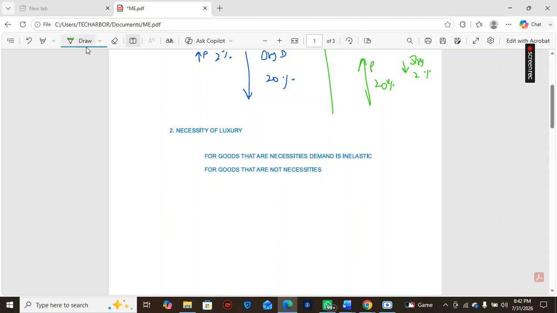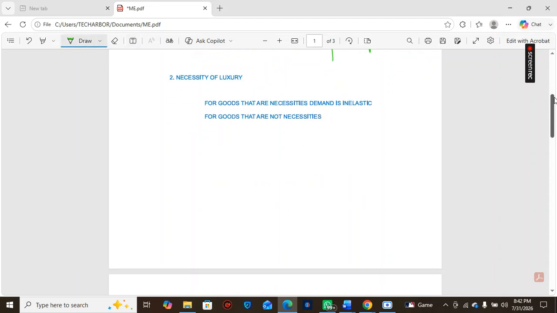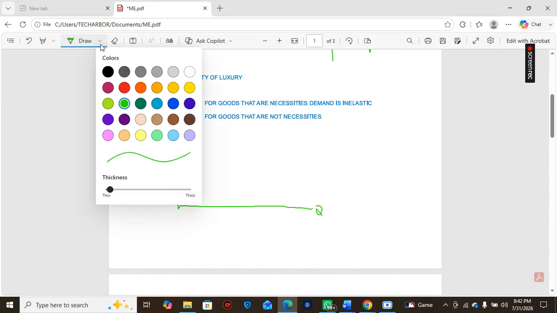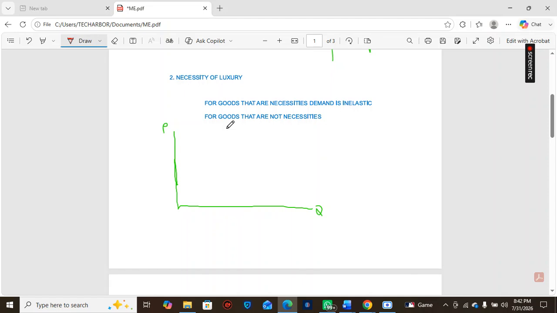So colleagues, when price elasticity of demand is infinite, it means quantity demanded is very sensitive to price changes. So a perfectly elastic demand curve is like this, colleagues.